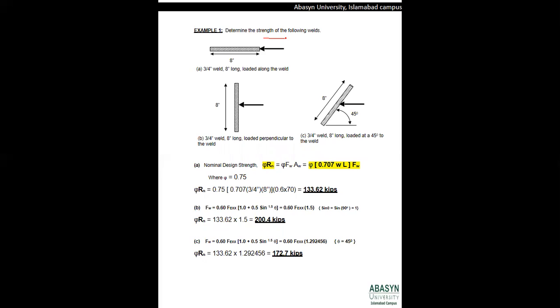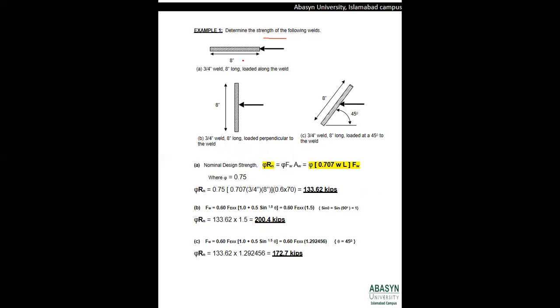We might be given a weld and a force, and whether our weld can sustain that particular force or not. For that process, we carry out the analysis of the weld. Analysis of the weld is the first step in the design of welded connections.